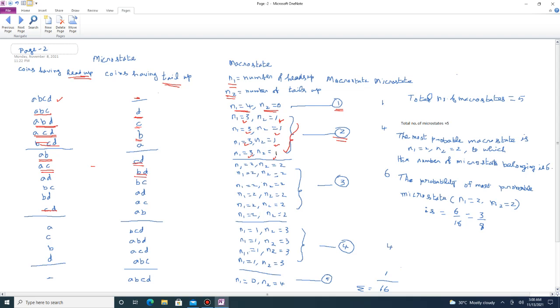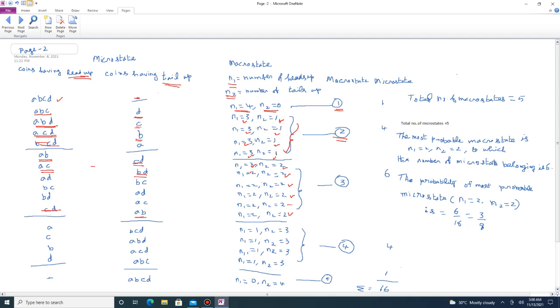So in all these cases, n1 is equal to 2 and n2 is equal to 2. The other cases also have n1 equal to 2 and n2 equal to 2, and so on. So there are 6 different possibilities.